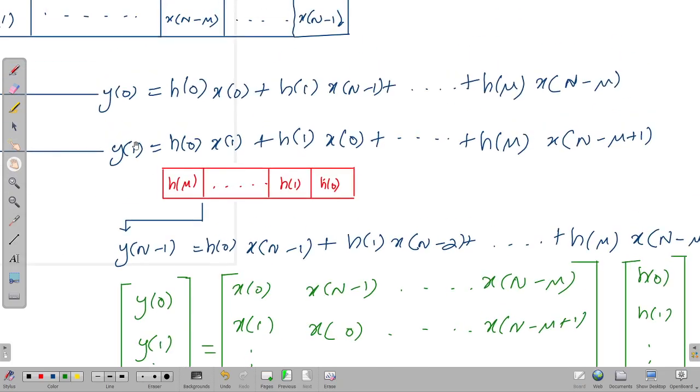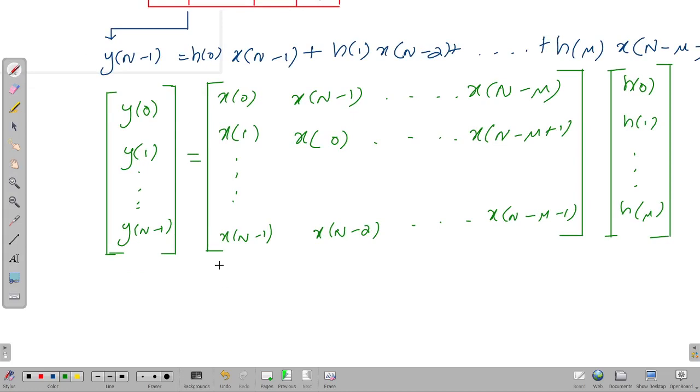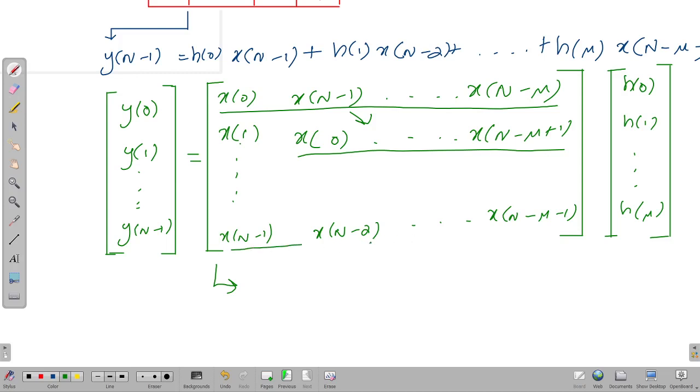I have taken these equations and made them into a matrix representation, and you can clearly see there is a circular convolution happening, because see the row x of 0 up to x of n minus 1, and in the next step the term x of 1 has come up here, this whole term has shifted to the right, and this term in the first row has shifted to the right, etc. Shifting happens till this point, and from this point, if another shift happens, then this first row will come up.